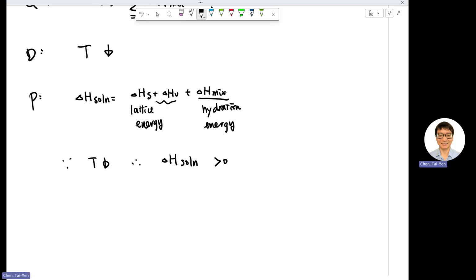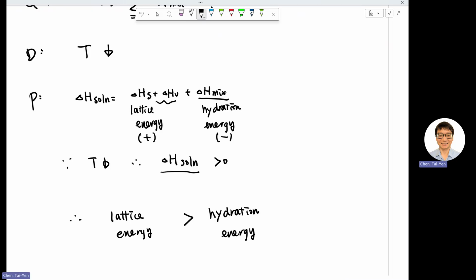Because your delta H solution contributes from two terms, where your lattice energy is positive and your hydration energy is negative, in order to have a positive delta H solution, your lattice energy needs to be larger than the hydration energy.